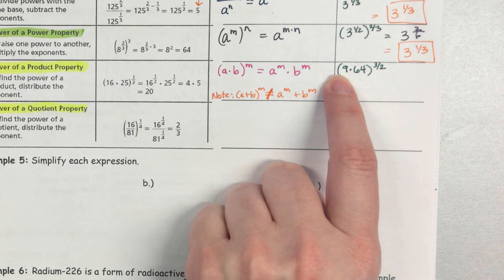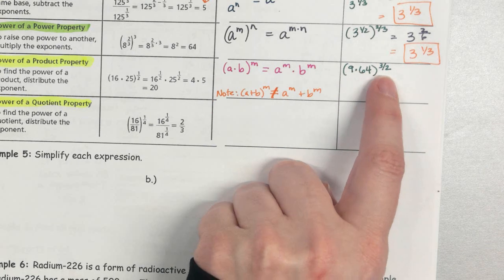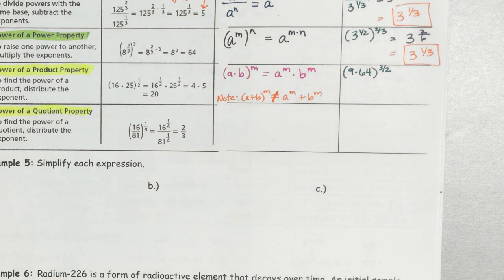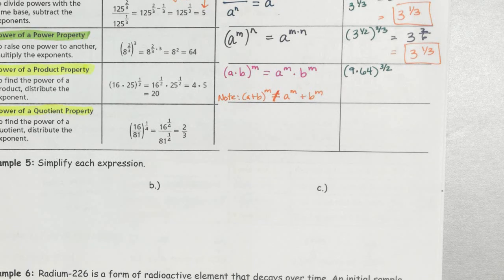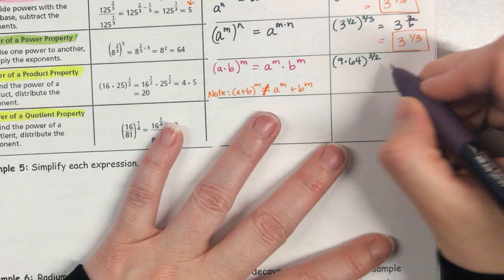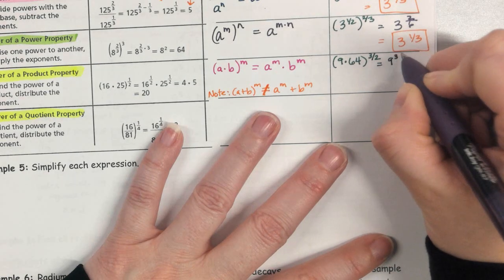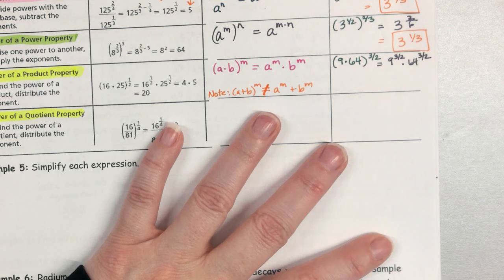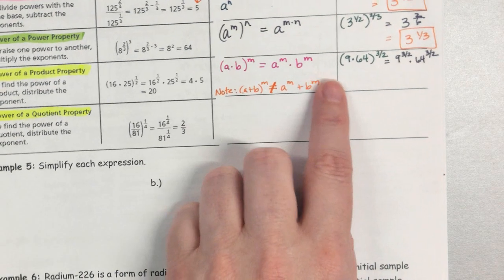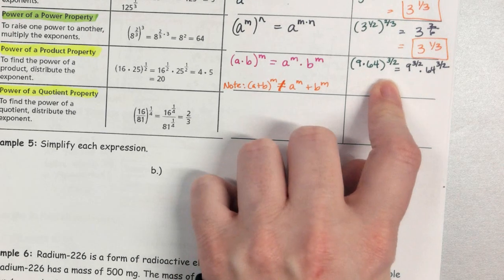You could do 9 times 64 and then do that to the 3 over 2 power. But you can also split this up into more manageable pieces. So this would be 9 to the 3 over 2 times 64 to the 3 over 2. And then we are going to simplify this part.